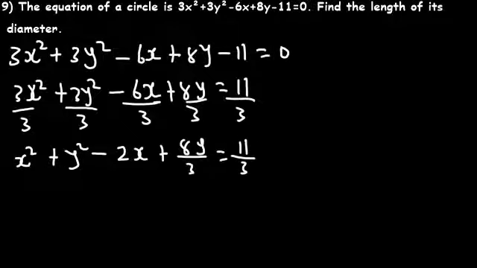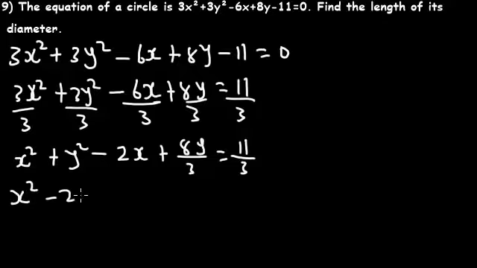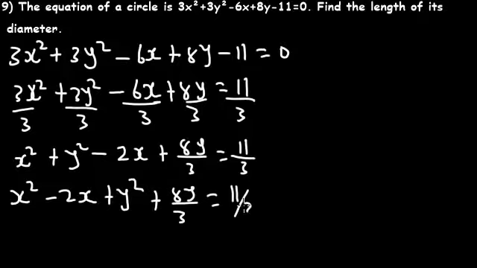Perfect. Now at this point, let's attach x terms with x, y terms with y, so we can proceed and complete the square. So we have x squared minus 2x plus y squared plus 8y over 3 equals 11 over 3. Now let's complete the square for the x term. The coefficient of x is 2, so we have 2 times half all squared.